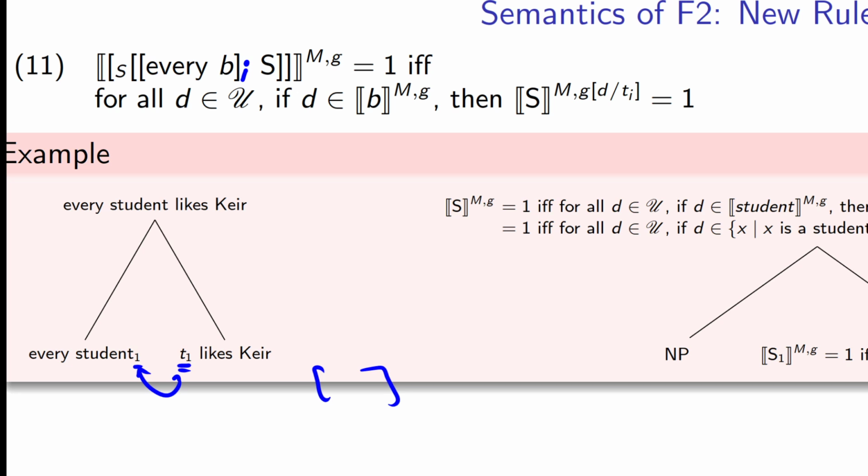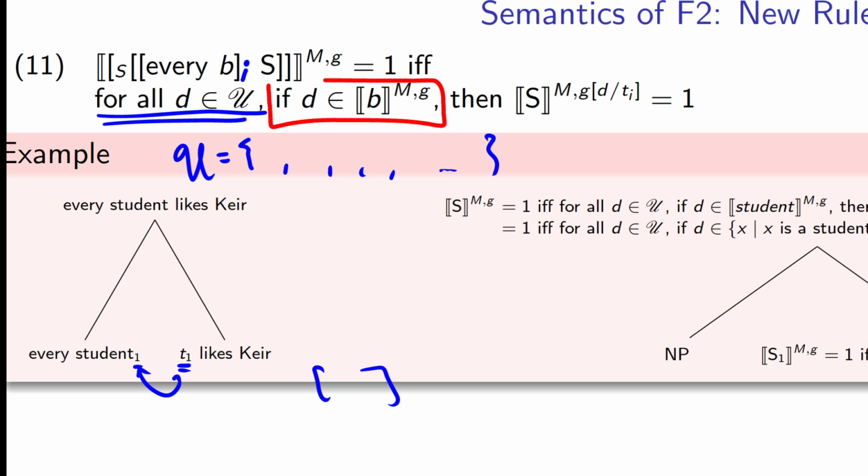So let's say every student, that student likes Kier. This is true if for every D in our universe, so for all D in our universe, this means that whatever we have in our universe, we're going to pick a variable D, and it's going to go through everything. And if D is an element of B, and in this case, B here refers to our common noun. So if D is in that set, so every student, if D is in the set of students, then the sentence where D now replaces that trace is equal to 1.